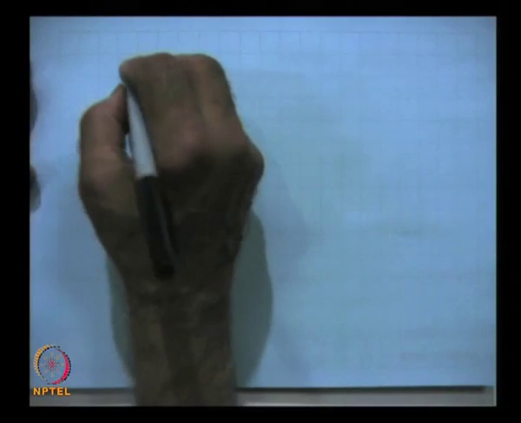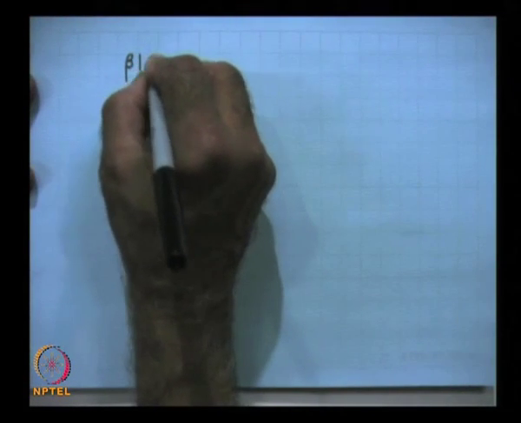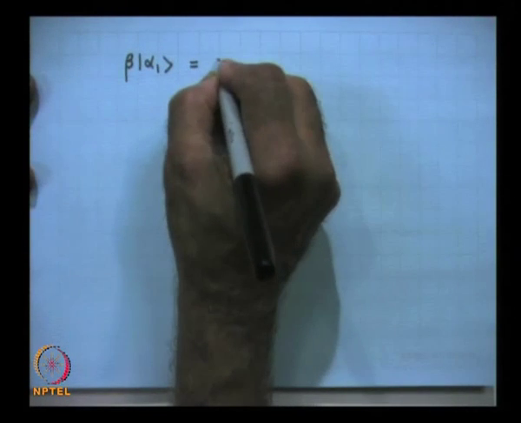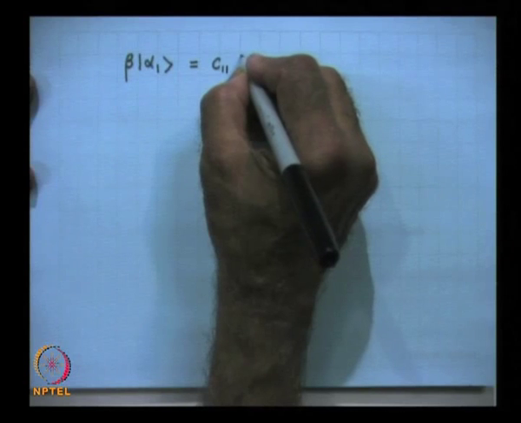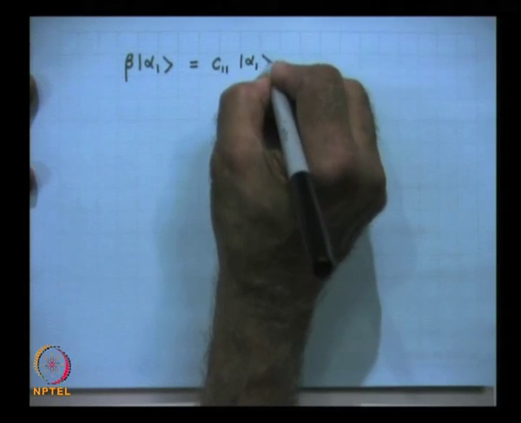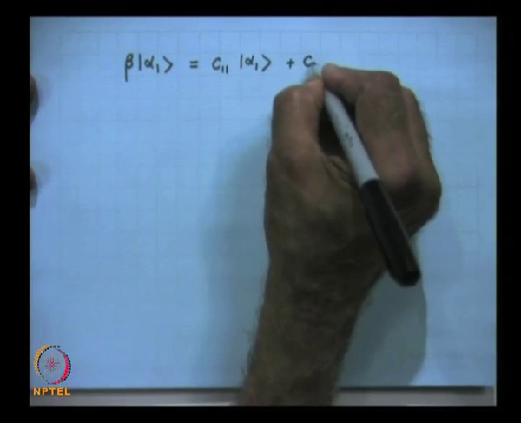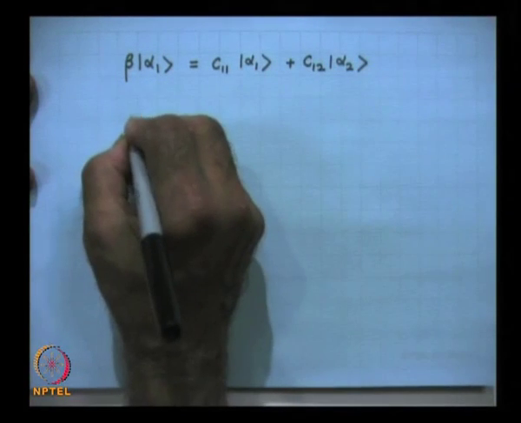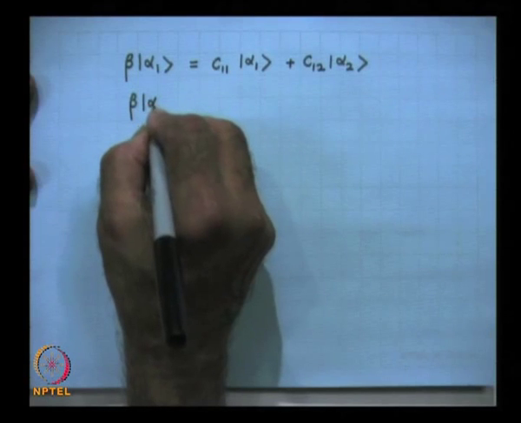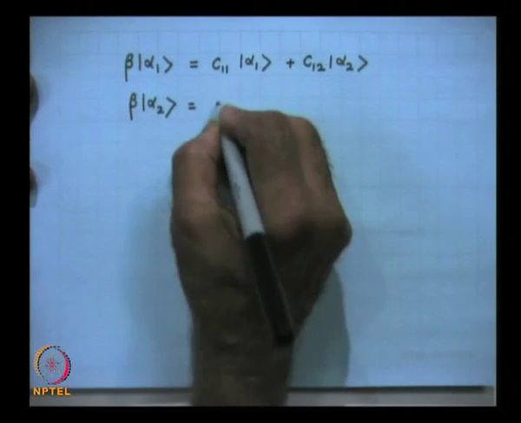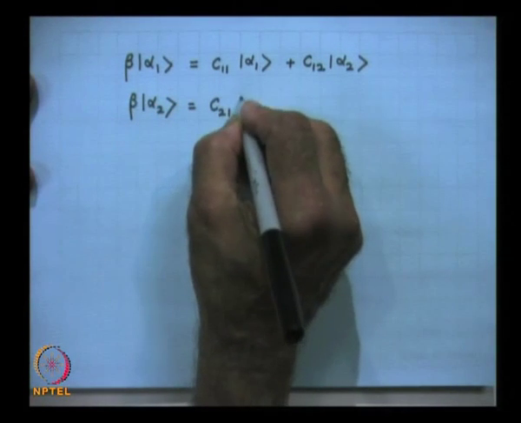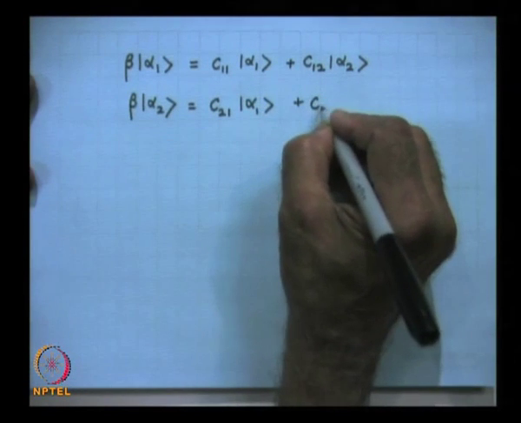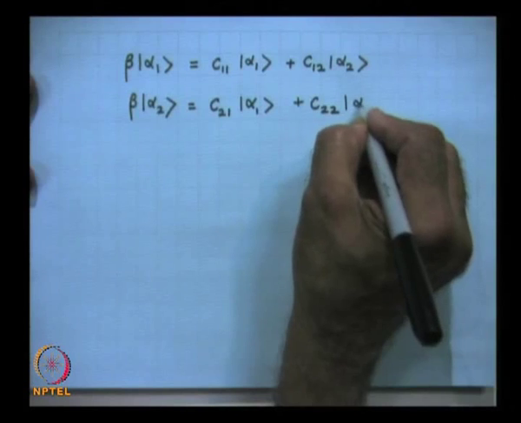That is, beta ket alpha 1 is equal to C11 ket alpha 1 plus C12 ket alpha 2, and beta ket alpha 2 is equal to C21 ket alpha 1 plus C22 ket alpha 2.